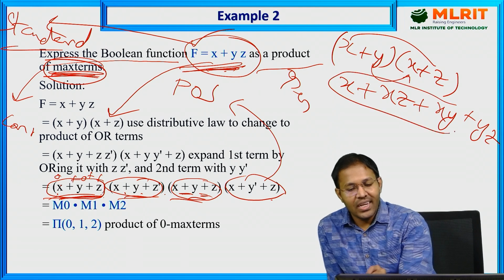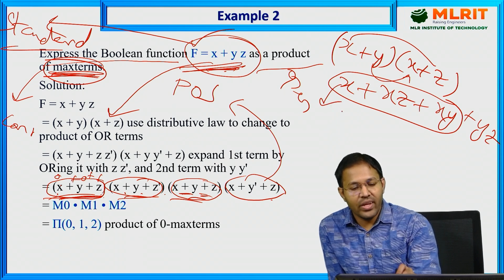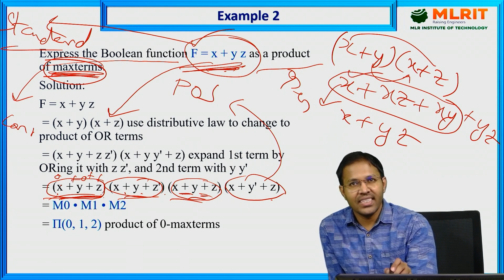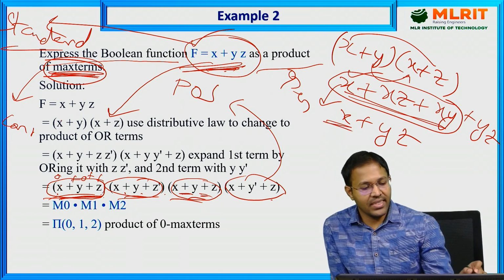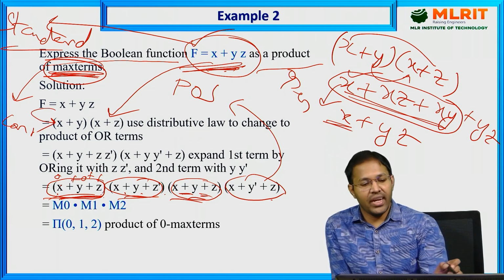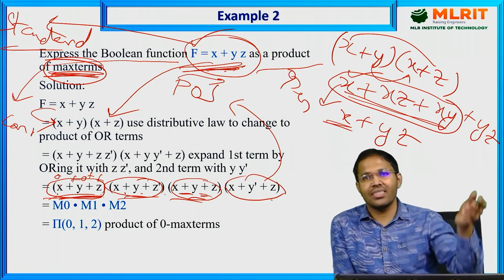Using the dominance property which we have seen earlier, you can reduce this to x and then yz. How? You can take x common: x into 1 plus z plus y. 1 plus anything gives us 1, so you end up getting x. So this expression you can reduce into this form. Now we are going in terms of product of sum. We are moving towards product of sum.